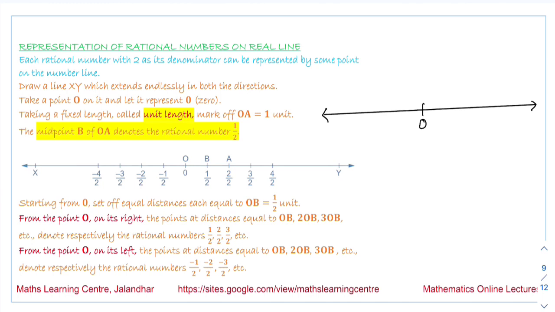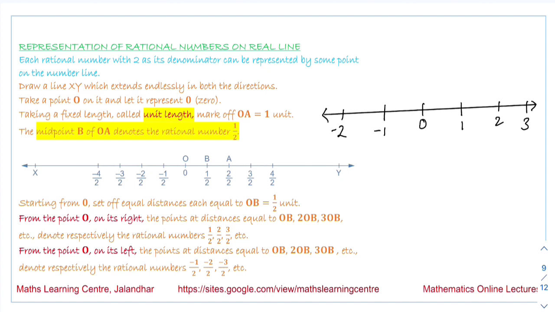Then on the right side of this, we have marked the points 1, 2, 3 and so on. These are the positive integers. And on the left hand side, we have marked the points -1, -2. These are the negative integers. So this is how we draw the integers on the number line.